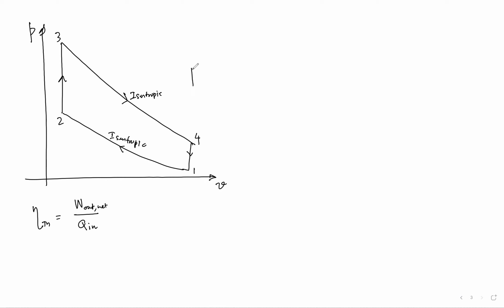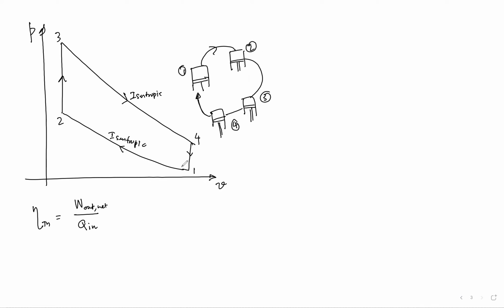So if you have this closed system, it moves from state 1 to 2, and 2 to 3, 3 to 4, 4 to 1. This is 1, 2, 3, 4.